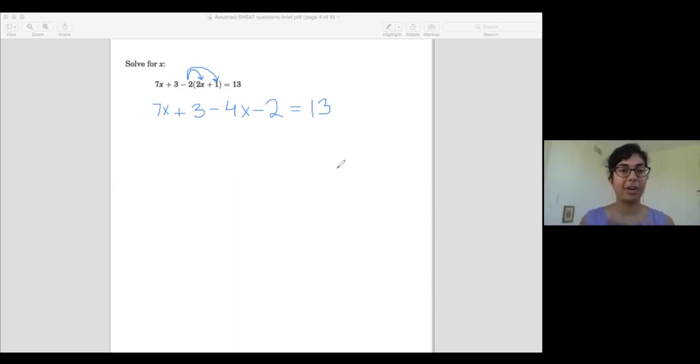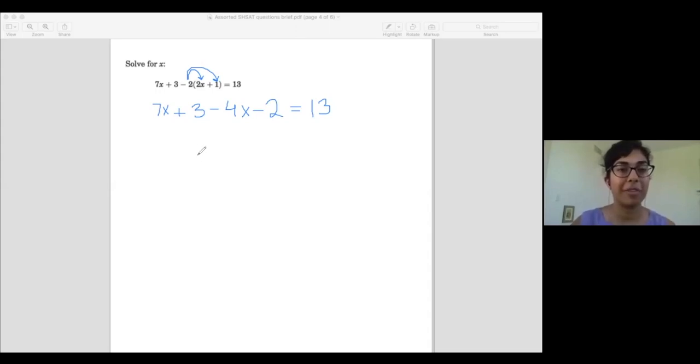And I can just look at all these terms that I have as sort of all being on the same plane. So the next step is to combine the like terms, right? To group and combine the like terms. So all like terms should be together and should then be combined. And a like term just means that two terms are like, right, if they have the same variable or if they don't have a variable.